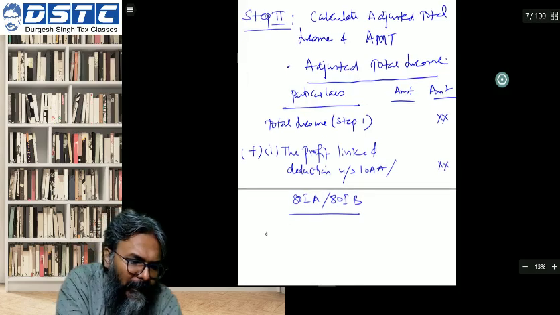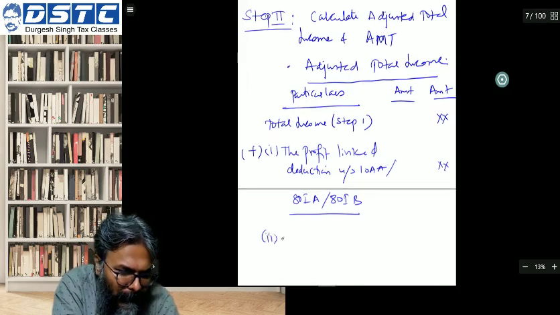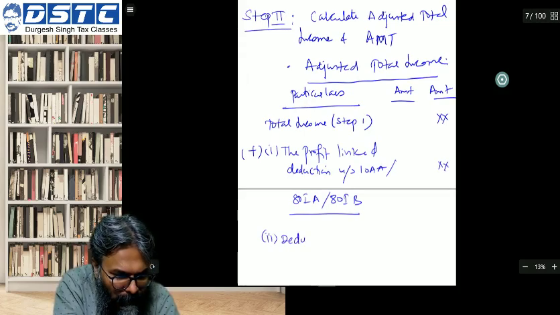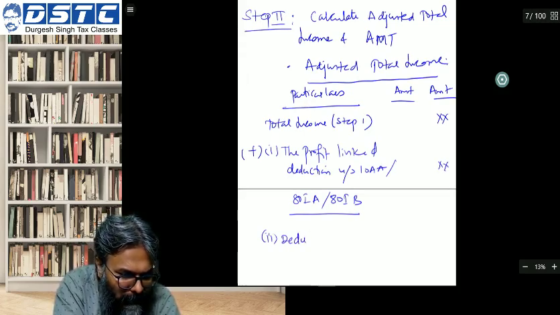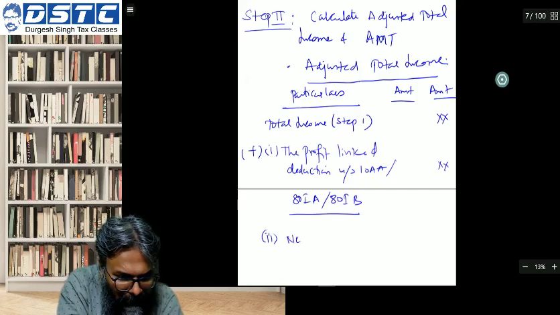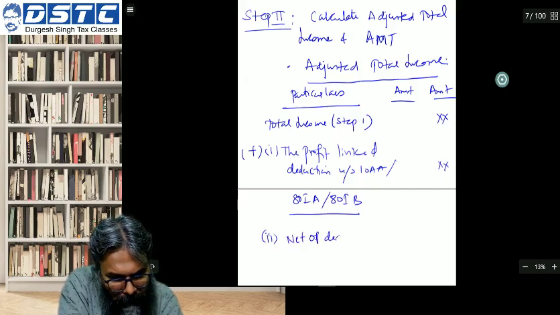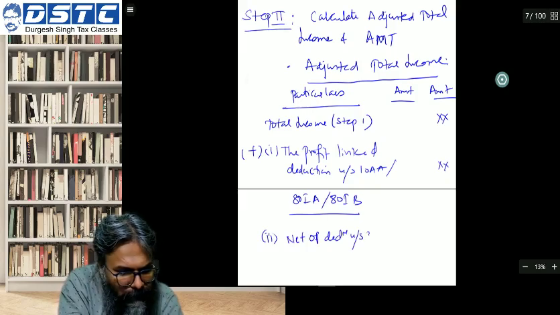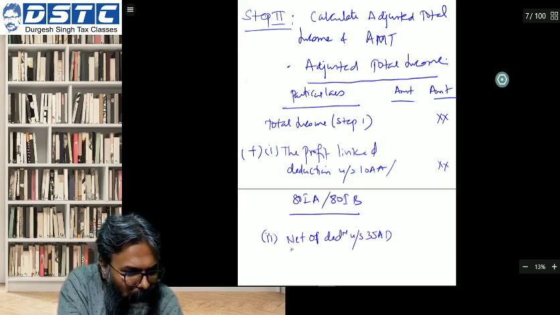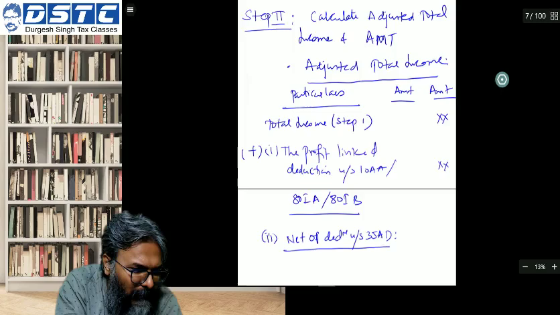Put that there. The second one is the deduction, net of deduction under section 35AD. Now how do you calculate the net of deduction under section 35AD?